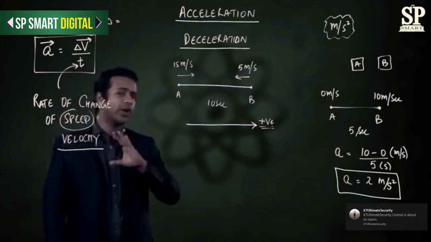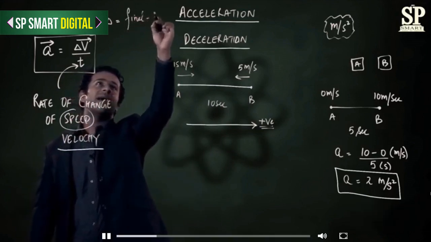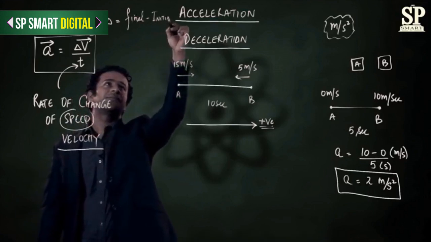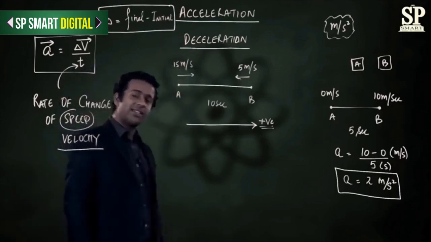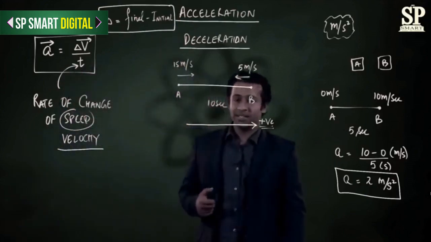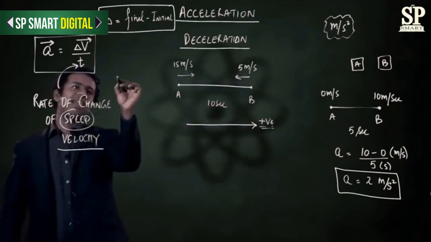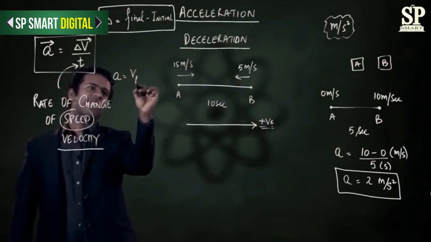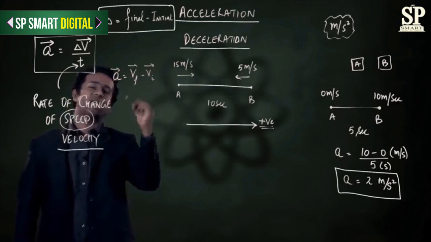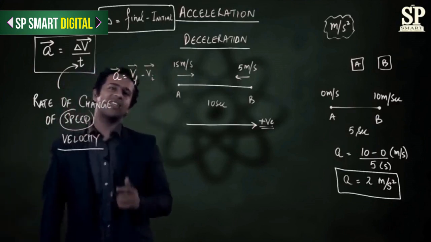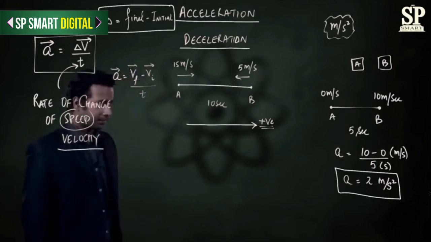Change in general for any quantity is defined as the final value minus the initial value. Right? So change is the final value minus the initial value. So when we write this term, we could say that a is equal to v final minus v initial, and we should use vector signs because they are all vectors. So acceleration is v final minus v initial divided by the time.